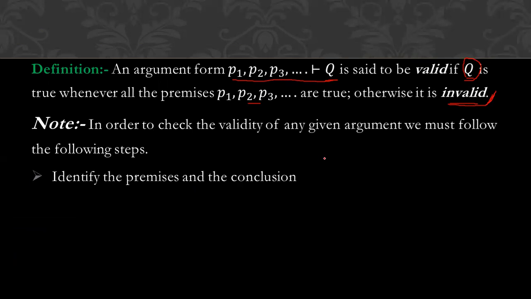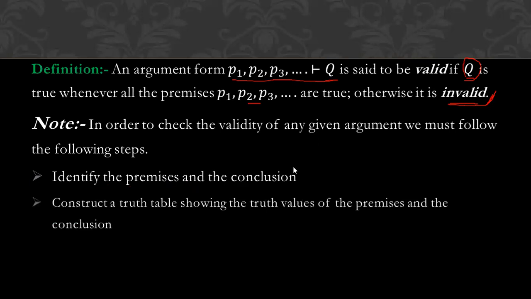In general, the statements P1, P2, P3 up to any number of Pi's, depending on the type of argument, are premises, and the conclusion is a single statement Q. So our first step must be identifying which statements are the premises and which one is the conclusion for the given argument.